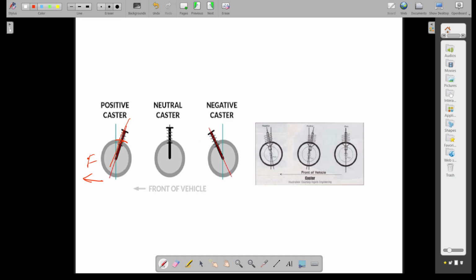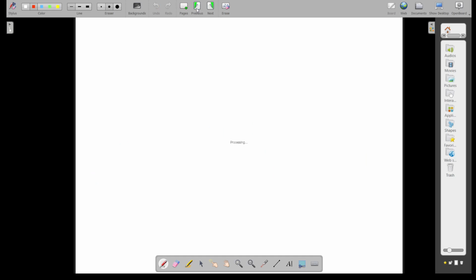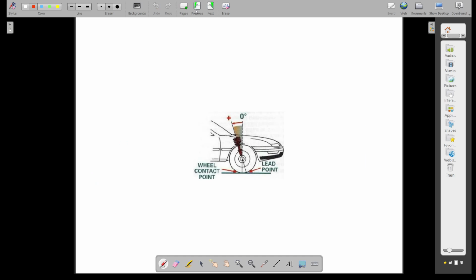Whereas if the steering axis is having a forward tilt, it is a negative caster, and in between you have the neutral caster also. I have just shown you this.